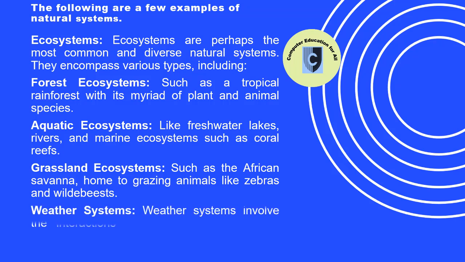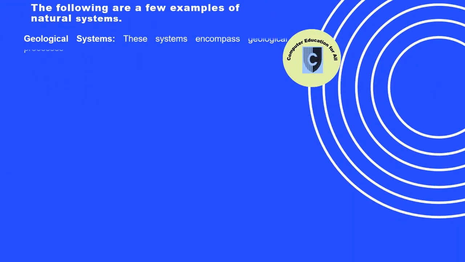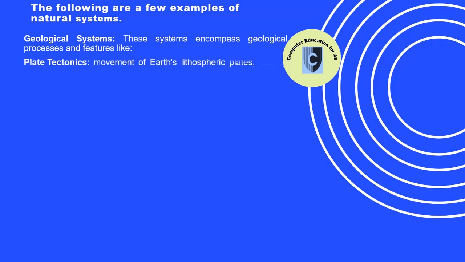Weather systems. Weather systems involve the interactions of the Earth's atmosphere, including phenomena like rainfall, wind patterns, and temperature changes. Geological systems. These systems encompass geological processes and features like plate tectonics, movement of Earth's lithospheric plates, leading to phenomena like earthquakes and volcanic eruptions.